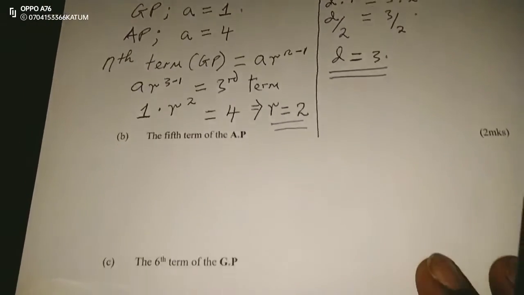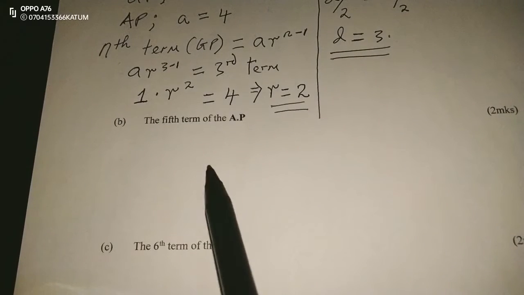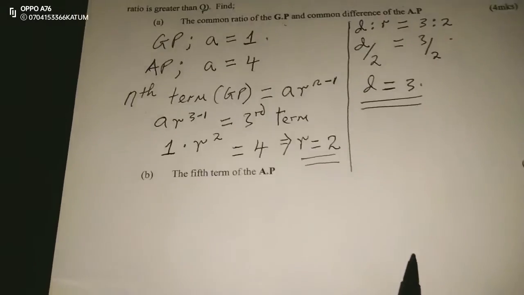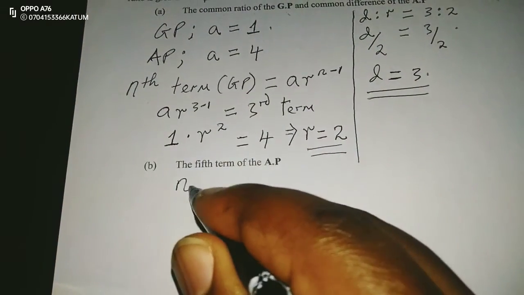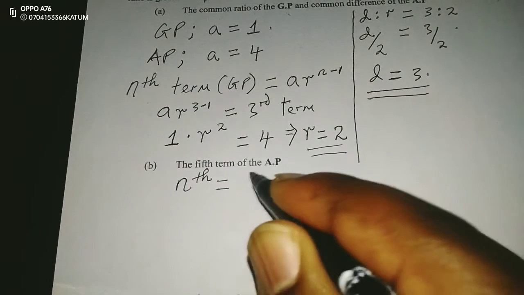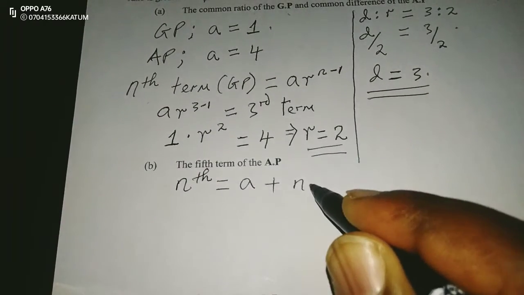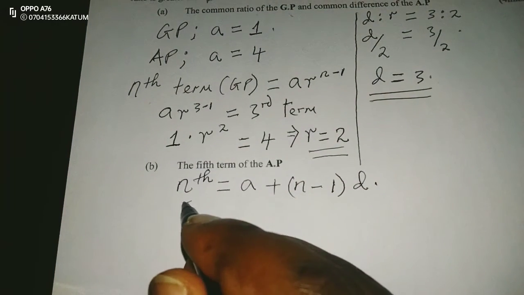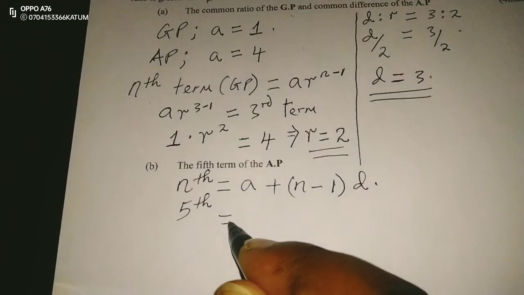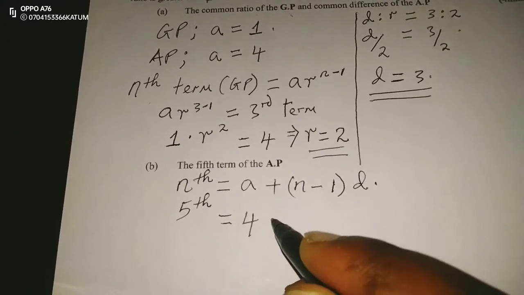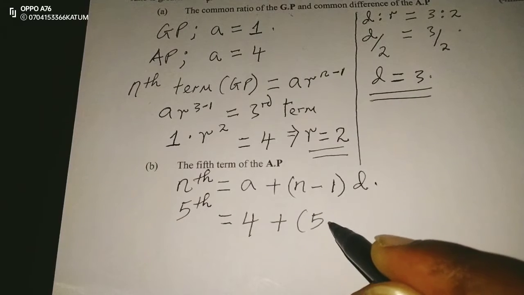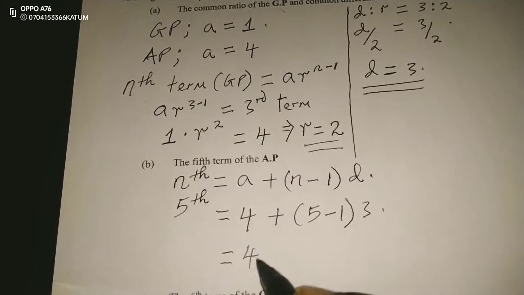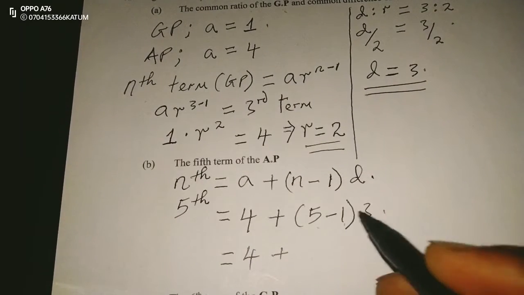So we are done. The next case, we are finding the fifth term of the AP. We know that for an AP, any term is usually given by A plus n minus 1 multiplied by D. So for us to get the fifth term, we need the first term of the AP plus 5 minus 1 multiplied by D. This gives us 4 plus 4 multiplied by 3.